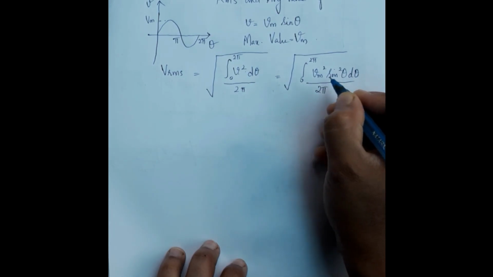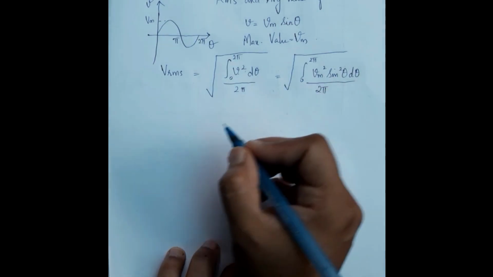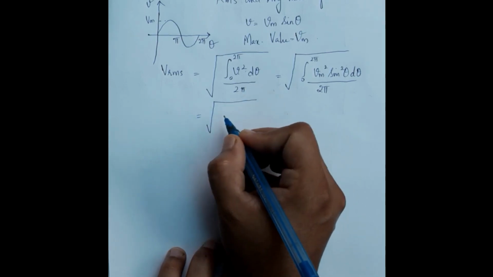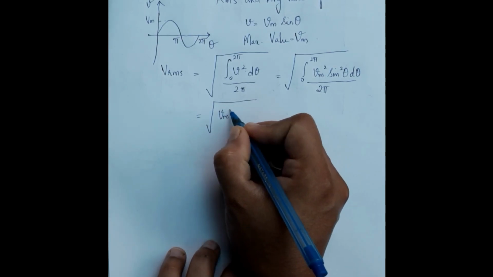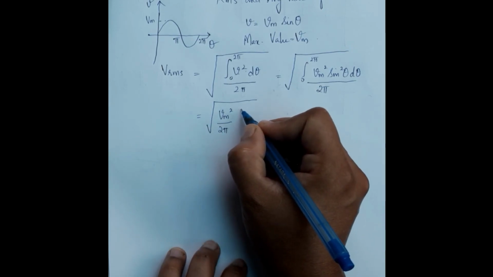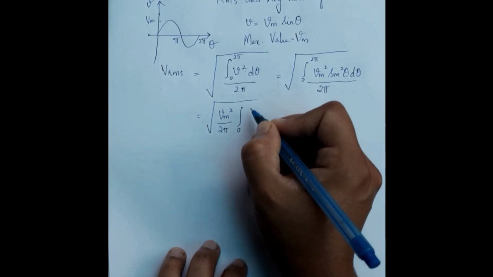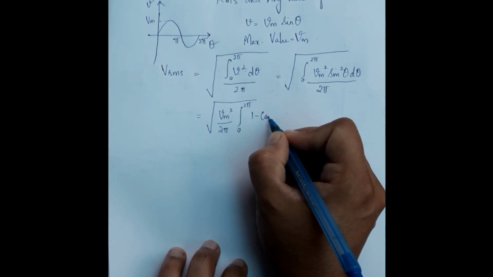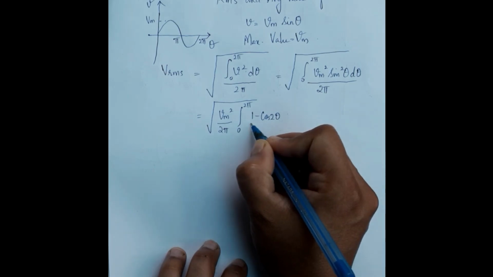Let's take out the constants, which is under the root itself, becomes Vm square by 2 pi. And let's write sine square theta as 1 minus cos 2 theta by 2, as I reminded you in the basic trigonometric functions.